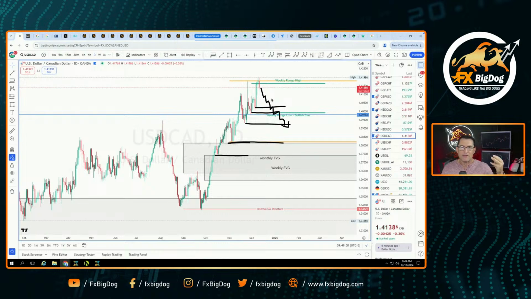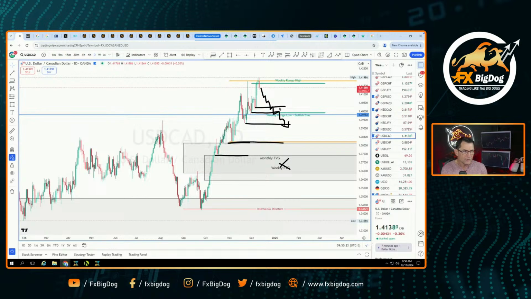And number 4, it's rebalancing insufficiency. So all of these monthly and weekly fair value gaps that you're seeing right here are insufficiency that price wants to rebalance. Price is drawn to those levels because in those levels are order blocks, or orders sitting in those areas, and that's where price wants to go.